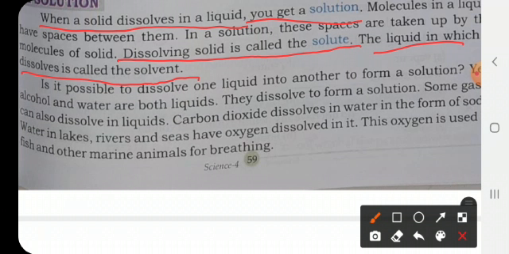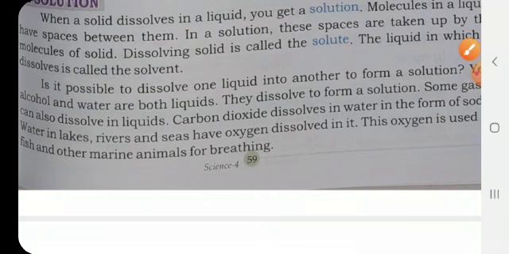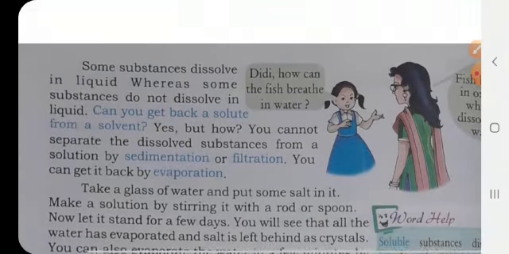So this is the important term that you need to know: solution, solute and solvent. Now we have learnt a lot. Now apart from solids mixing in liquid, even some liquids get mixed with other liquids, and there are some gases also which get mixed in liquids. So they are some soluble things.